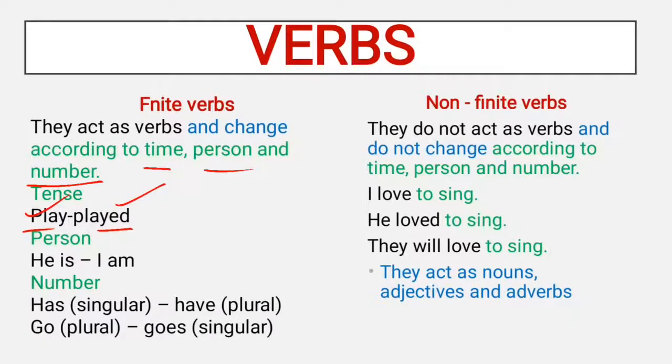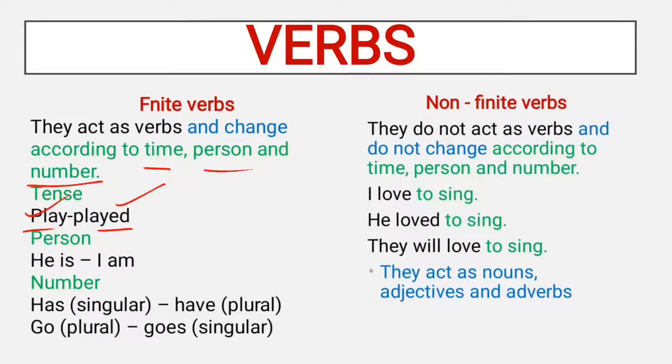We use is with he and am with I. That means our verbs is and am are changing according to first person, second person and third person. And here you will notice has is used with singular and have goes with plural. So these verbs change according to time, person, and number.